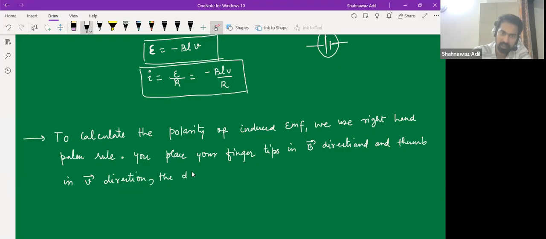The direction given by the palm will be the positive terminal or higher potential.